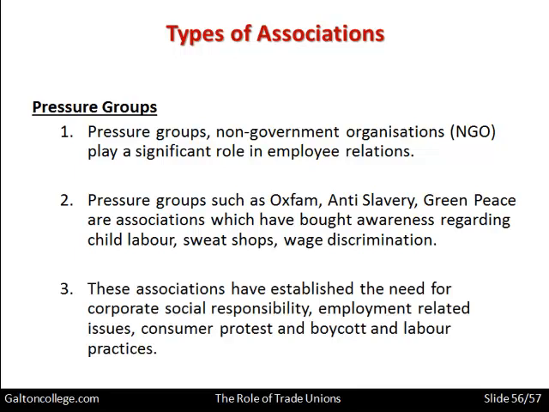They have established the need for corporate social responsibility, employment-related issues, consumer protection and consumer protest, and they also organise boycotts of particular products and demonstrations, and they emphasise the need for proper labour practices. The whole idea of corporate social responsibility, that companies behave properly, that's laudable.